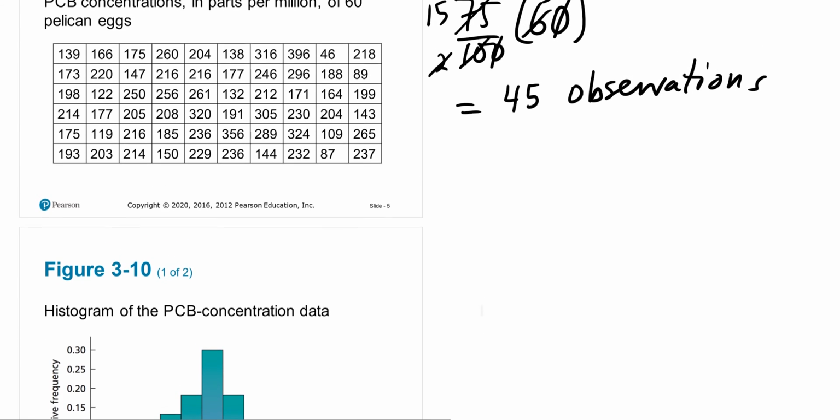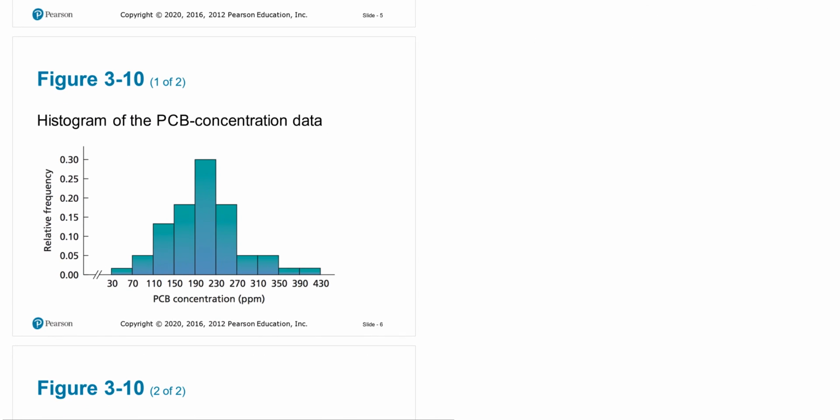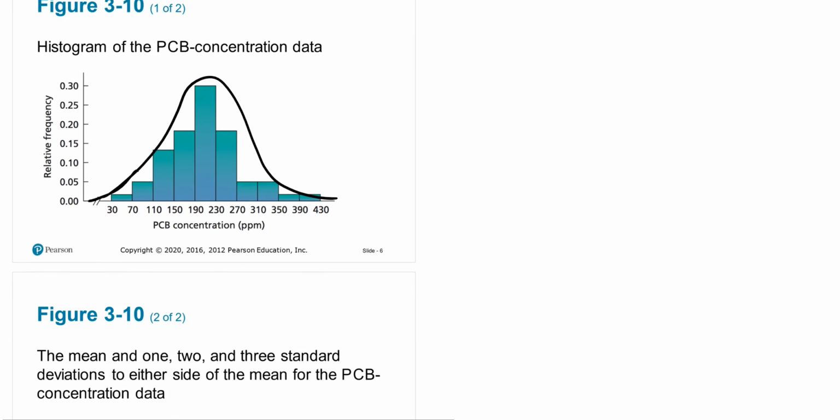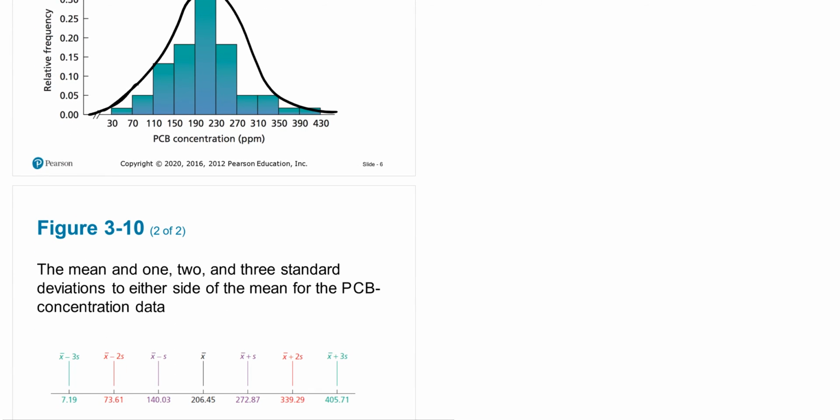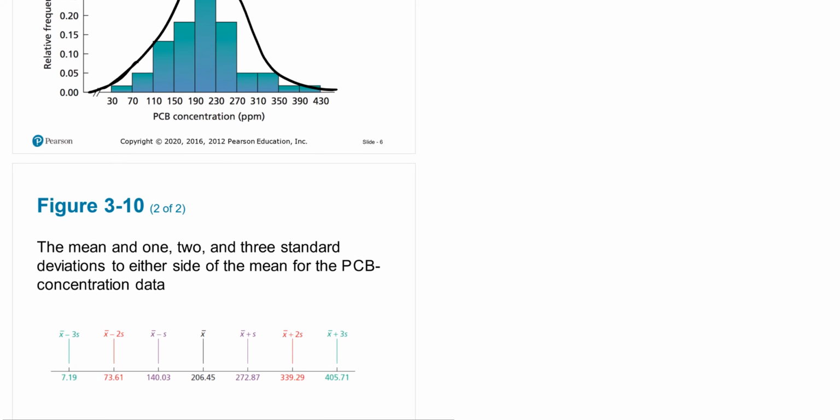So here they give us data and then plot it on a graph using software, based on the frequency. Notice how it's almost a bell shape. You can find the mean from here, it's easy to find.